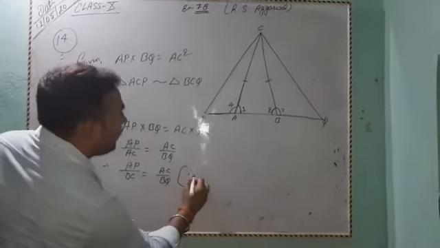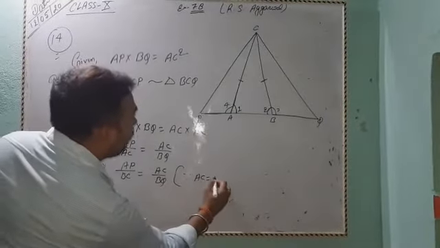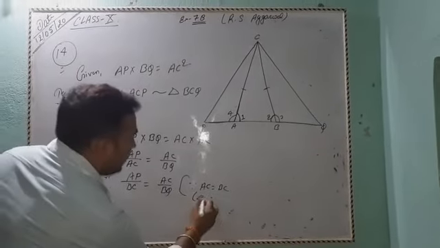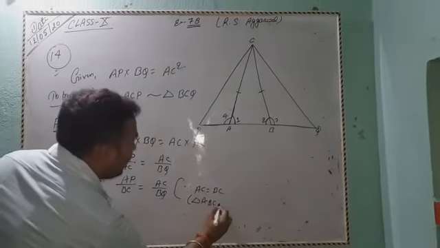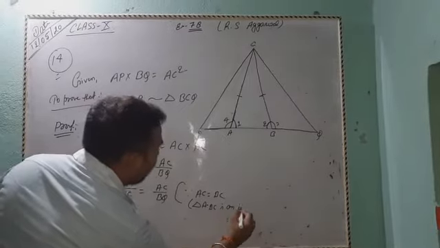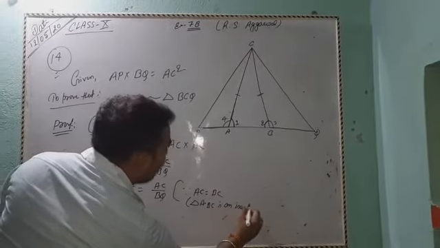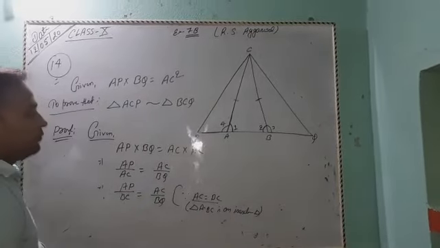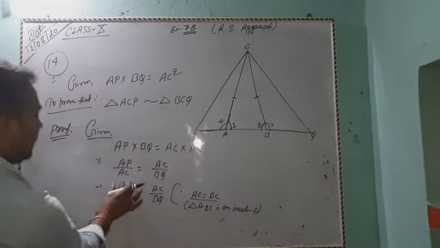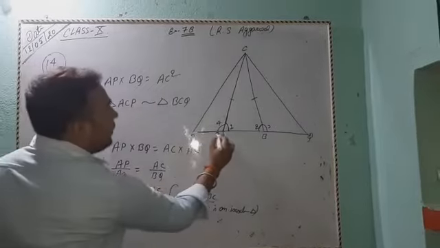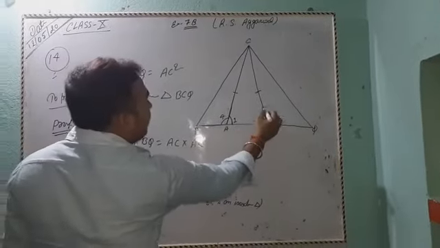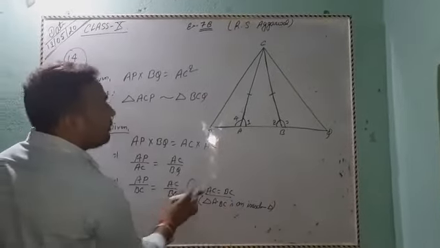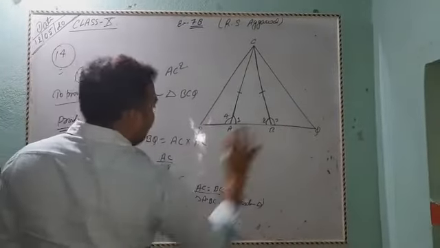Because AC equal to BC, triangle ABC is an isosceles triangle. So AP by BC and AC by BQ.